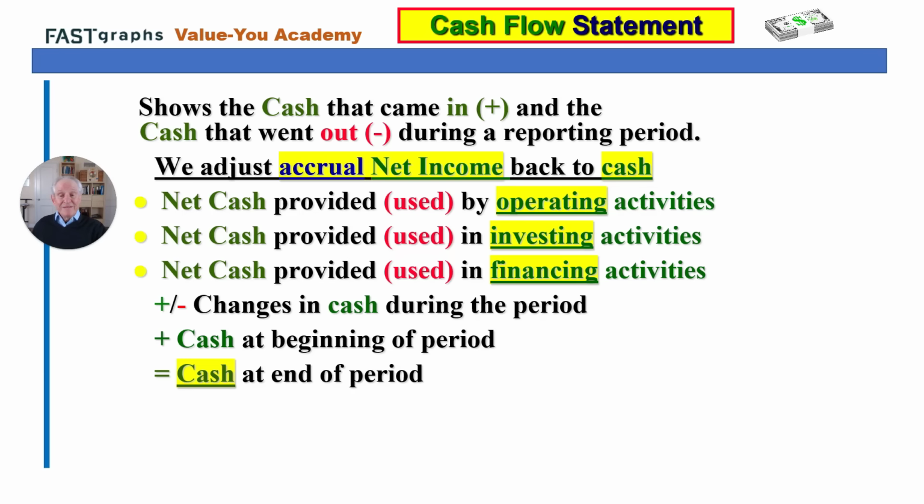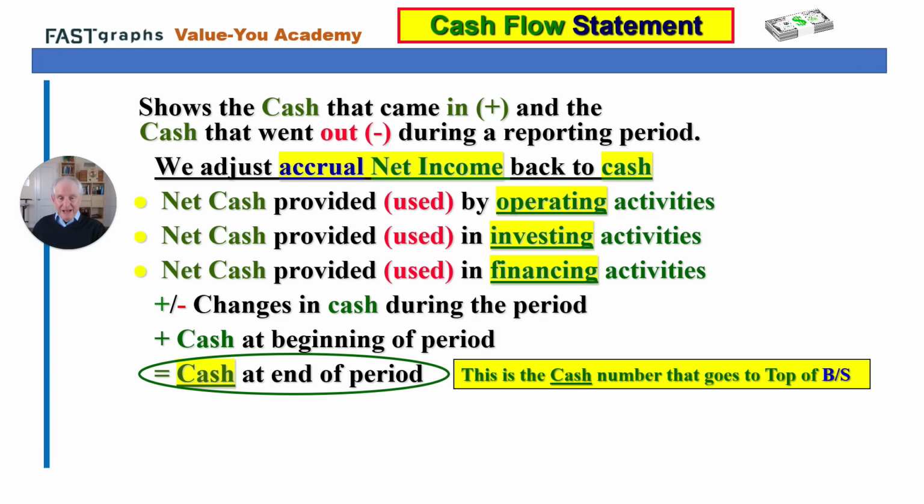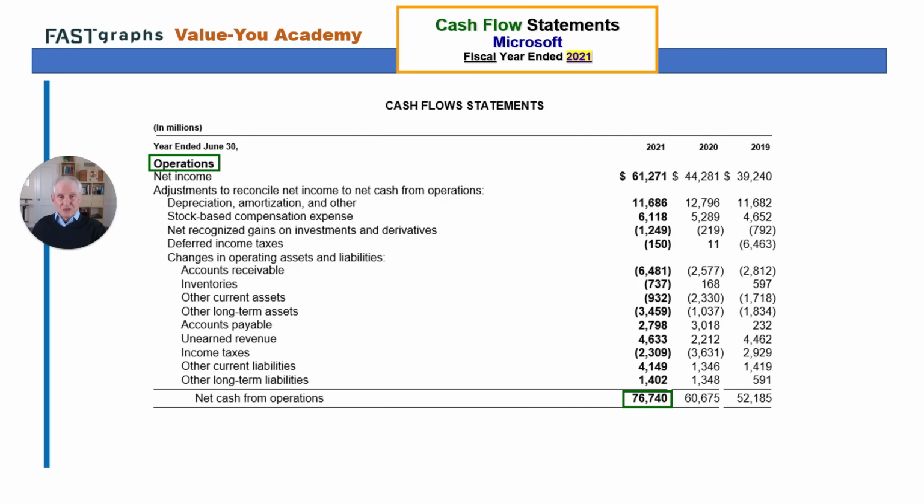What cash do we have at the end? That's the number that's going to plug in to make the balance sheet balance. That plugs into the cash on the balance sheet, the most liquid top number in accrual-based accounting. So we're going to see how this works.